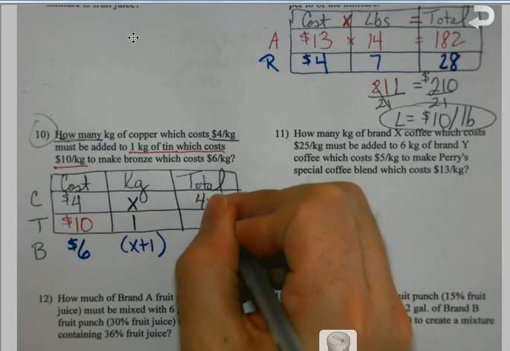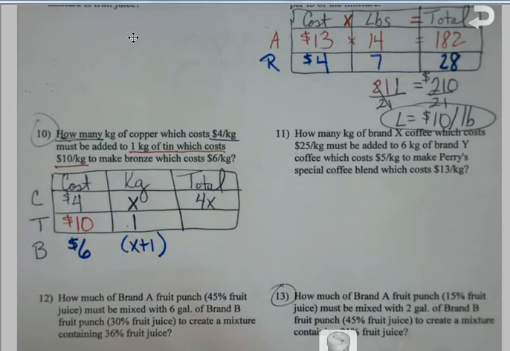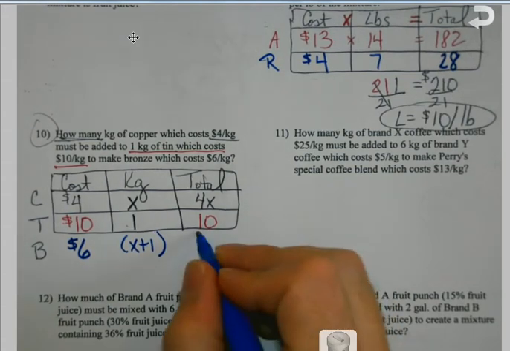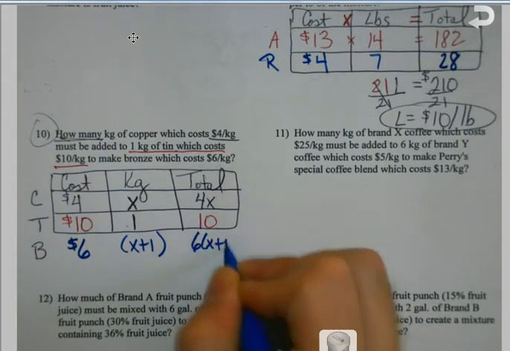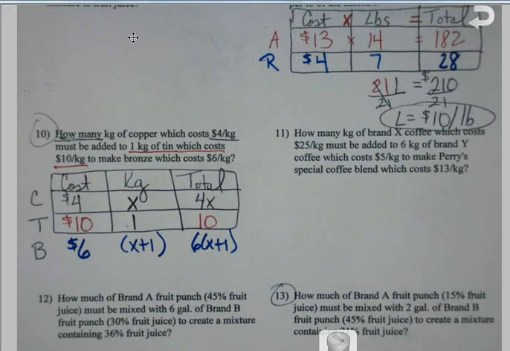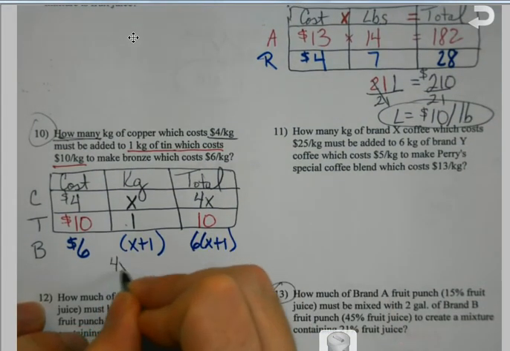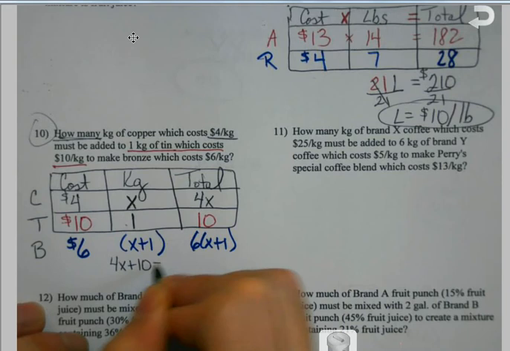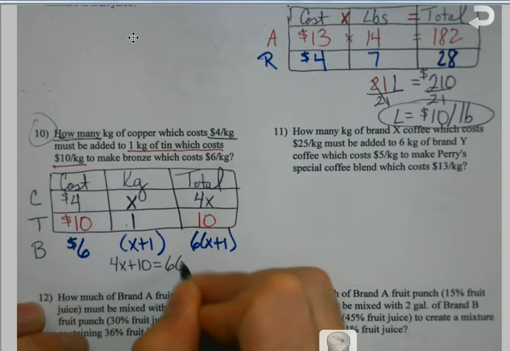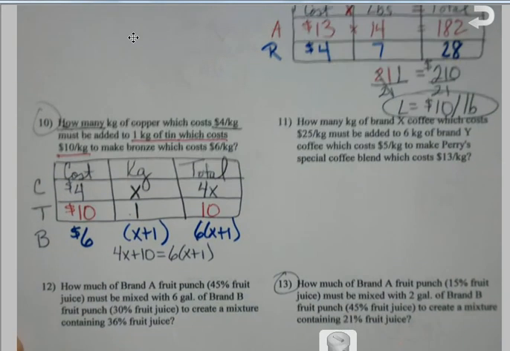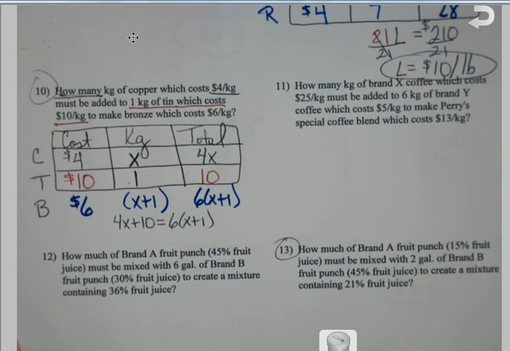So 4x, 10 times 1 is 10, and then this is going to be 6 times x plus 1. So those things that are at the end, these two add up to equal this one, because the copper plus the tin equals the bronze. So I'm still using the chart, but I'm just going to have to do a little bit more work this time.